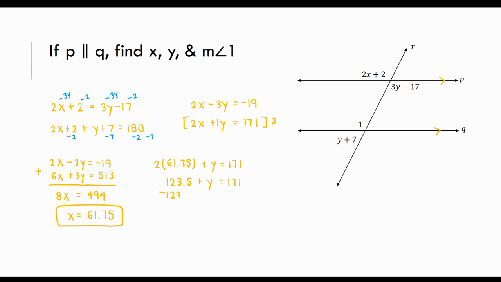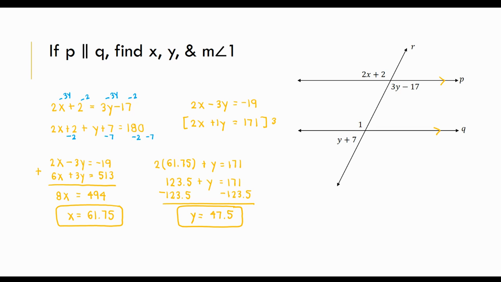I'm going to move that 123.5 to the other side by subtracting, and that gets me the y by itself. 171 minus 123.5 gives us negative 47. No, it doesn't. It gives me positive 47.5. All right, so there is my y.